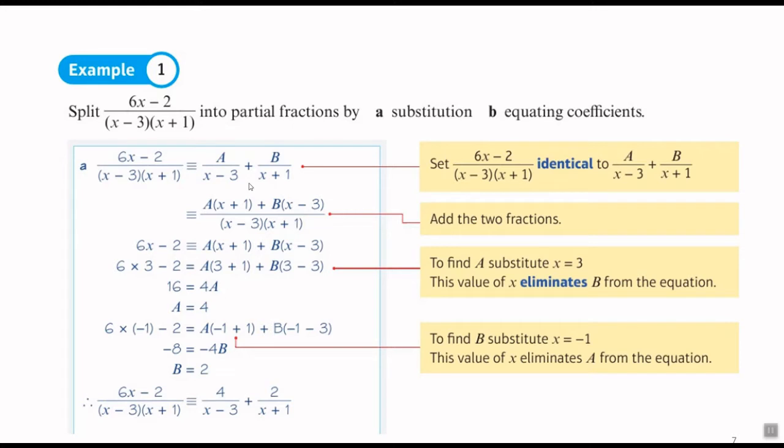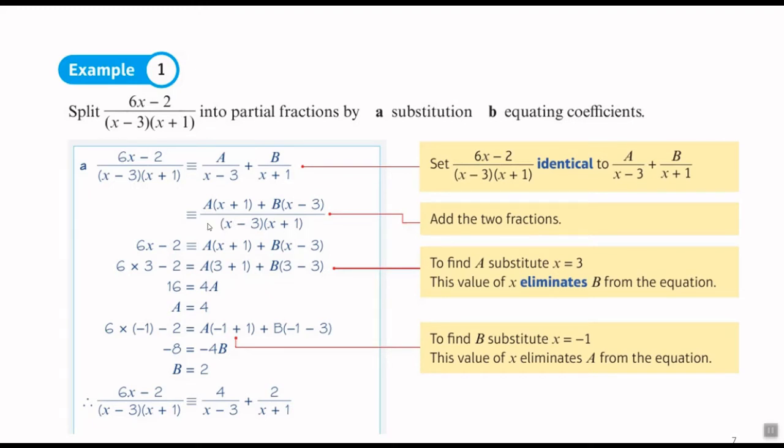To make a common denominator, multiply A by (x + 1), both numerator and denominator. For B divided by (x + 1), multiply both numerator and denominator by (x - 3). Then you will get this common denominator.